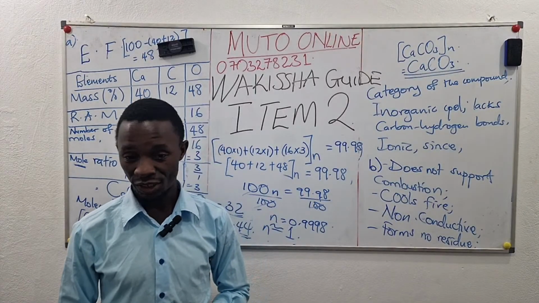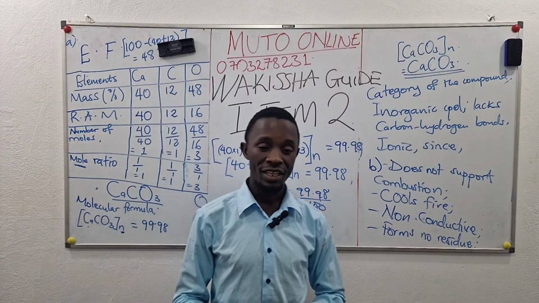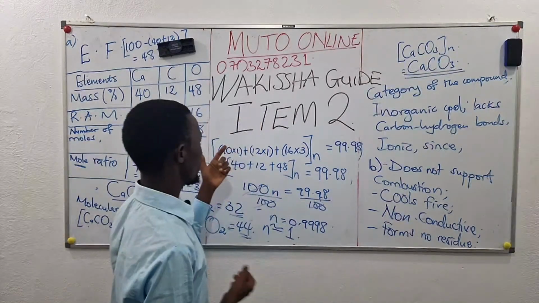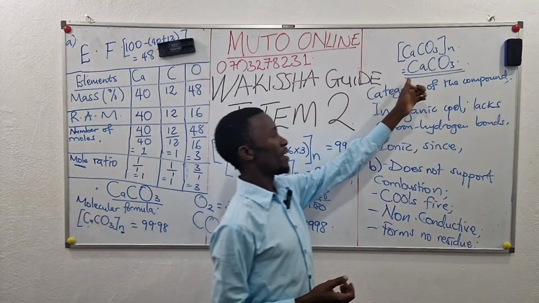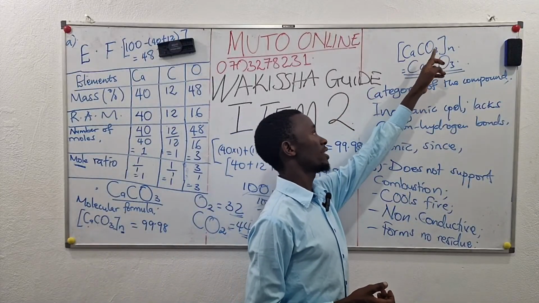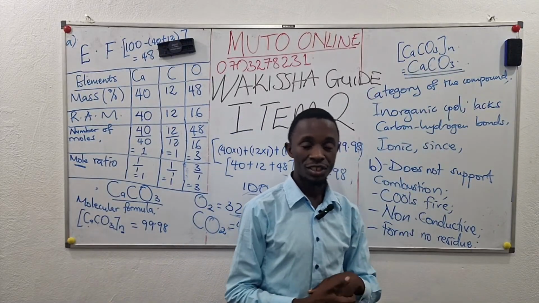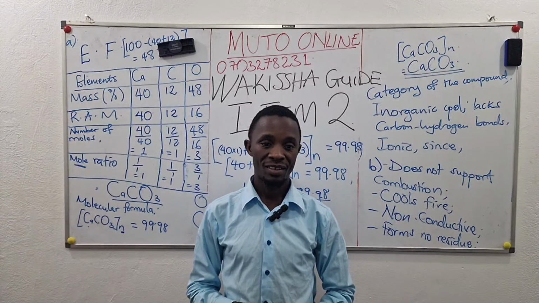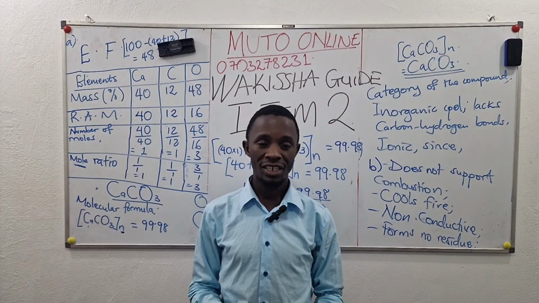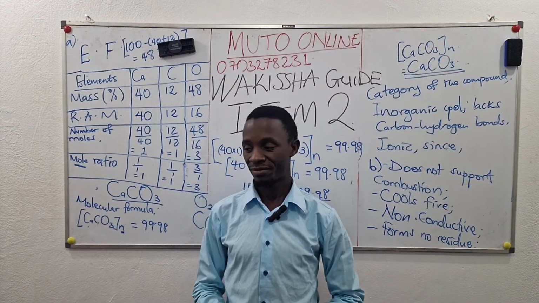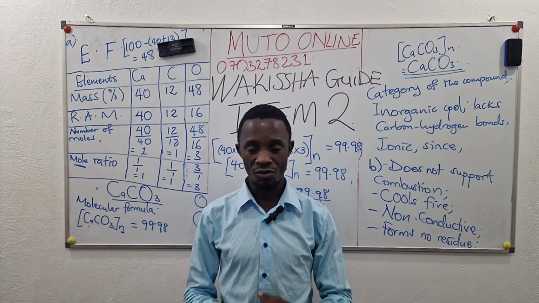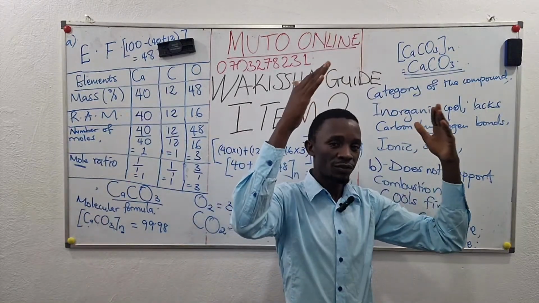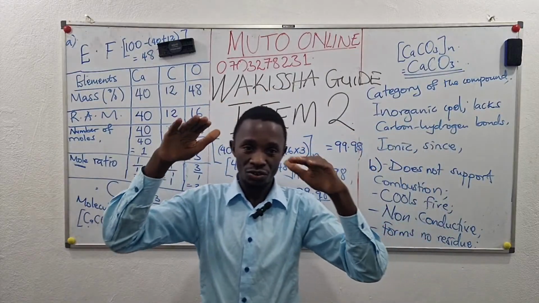Members, for the last part, they're asking about the effects of carbon dioxide. When you burn this substance, the combustion of this substance results in the formation of carbon dioxide. We very well know carbon dioxide is a greenhouse gas. And when greenhouse gases accumulate in the atmosphere, they destroy the ozone layer.